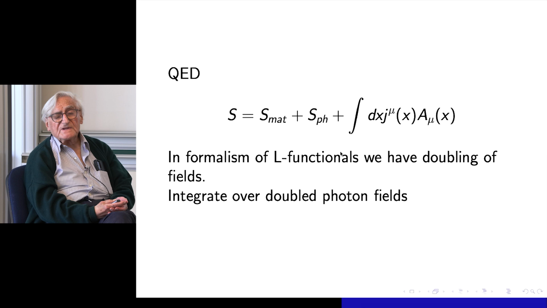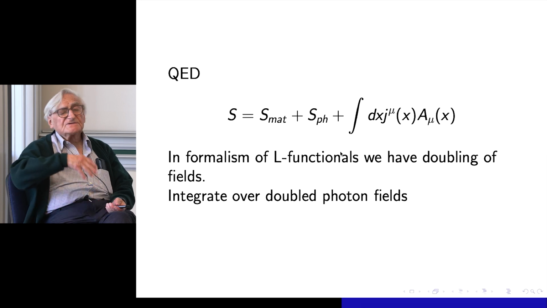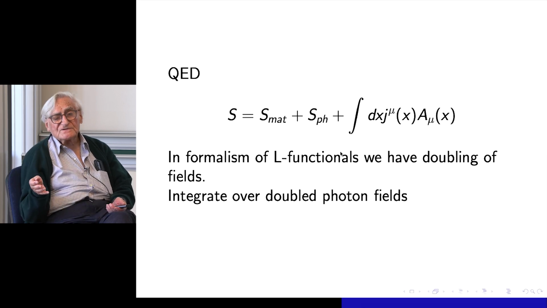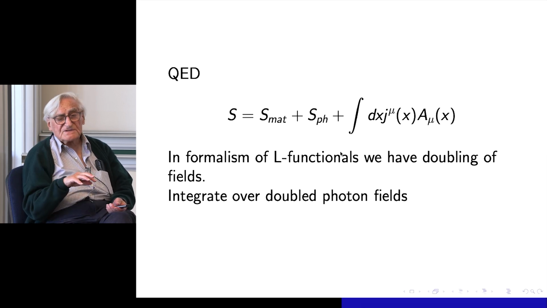But what happens in quantum electrodynamics is really a cancellation of divergences. You have divergences coming from soft photons and divergences coming from virtual photons, and they cancel each other.